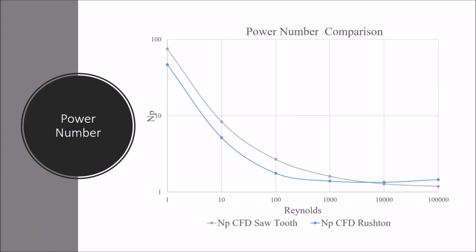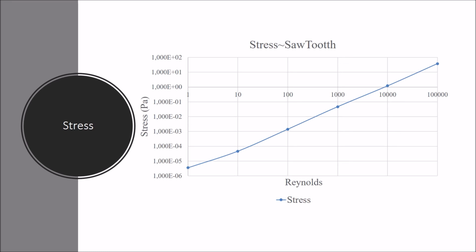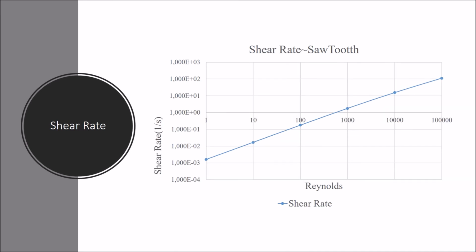And the comparison, the important part. If we look at the power number of the Rushton and the sawtooth in CFD, they are very similar, but the power number of the sawtooth is greater. And the stress of the proposed impeller has the same tendency.